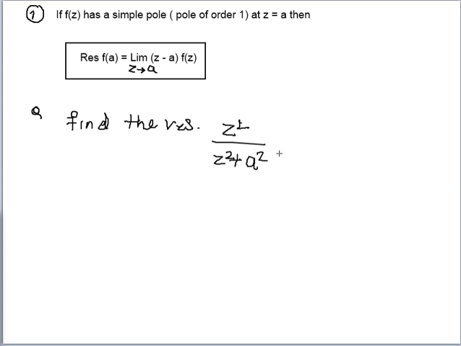Clear? So what is the question? Find the residue of the function f(z) given by z square upon z square plus a square at its poles.